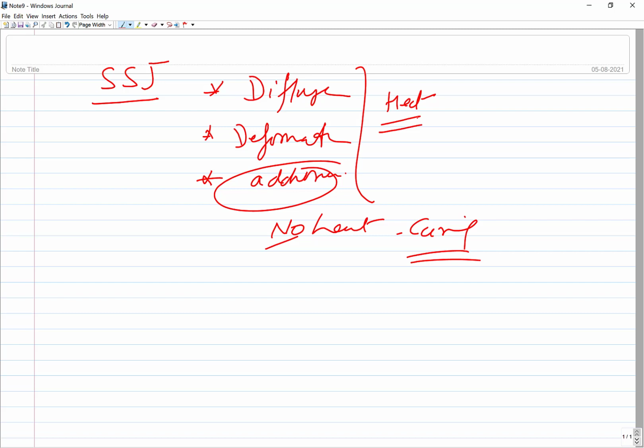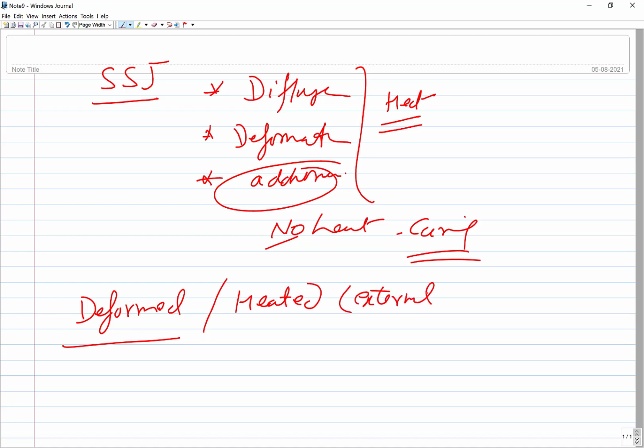So the thing is, whenever metal is deformed or whenever it is heated, either using an external heat source like resistance or induction or friction, or it is in situ heating, where you just apply the impact force, so kinetic energy is converted into heat like in explosive welding. Similarly, internal frictional heat is generated in case of ultrasonic welding.